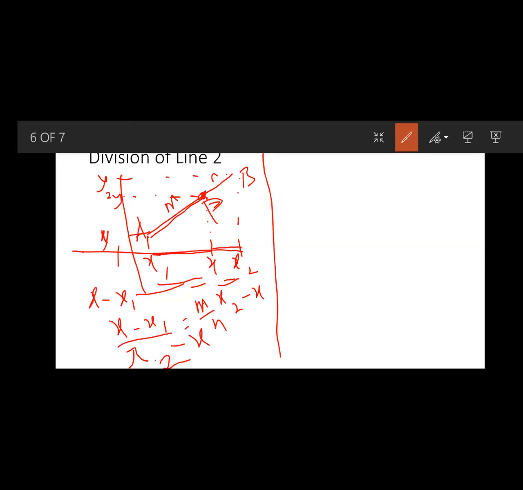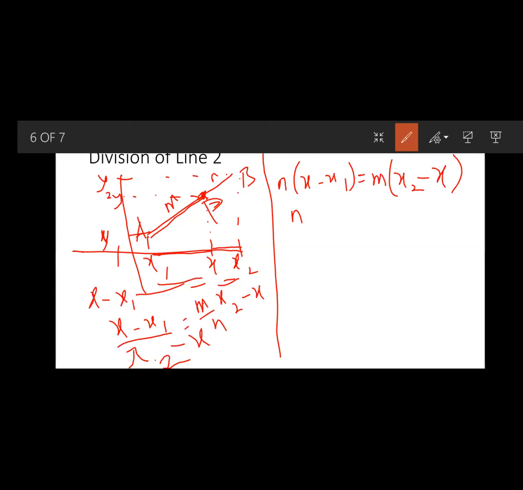When you cross multiply, you have n(x minus x1) is equal to m(x2 minus x). So if you do that, expand.